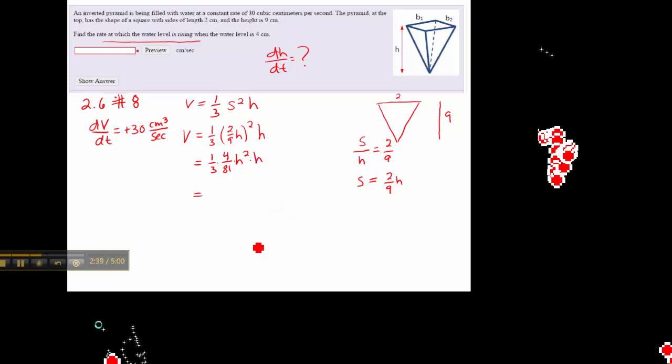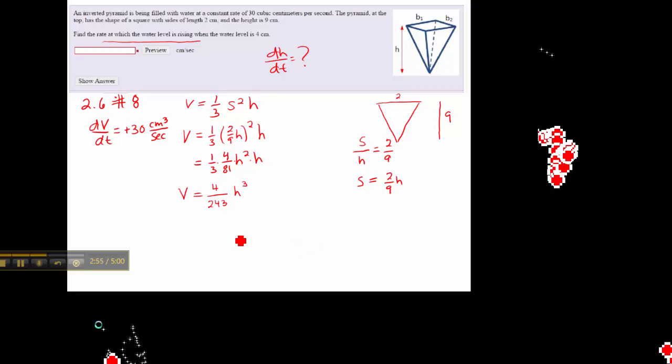So this equals 4 over 243, and this is h cubed, and this is V.